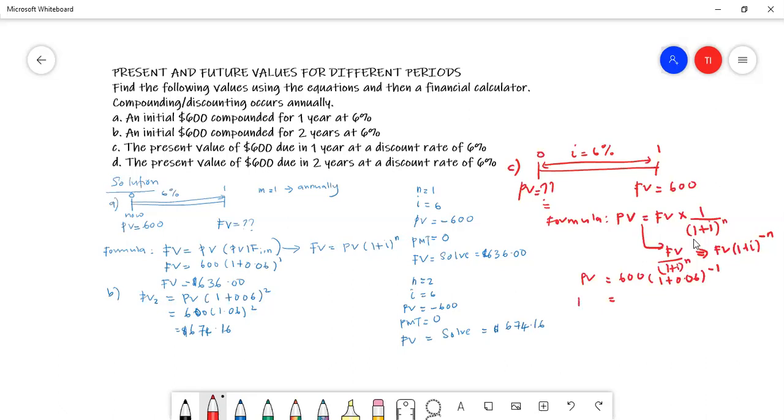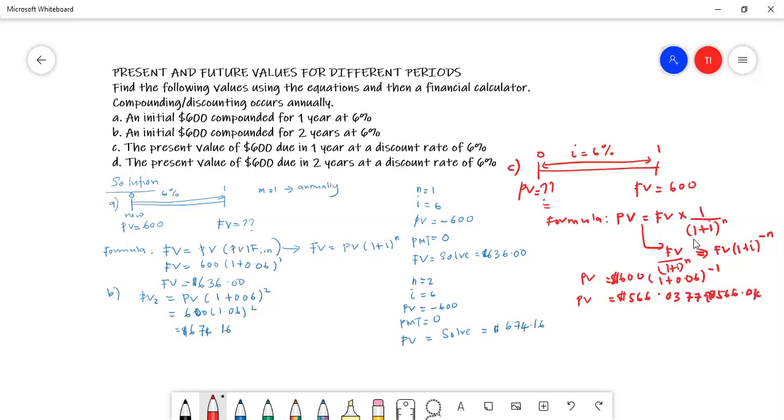So your PV is equal to 566.0377, equivalent to 566.04 in dollars. Do not forget the measurement unit.